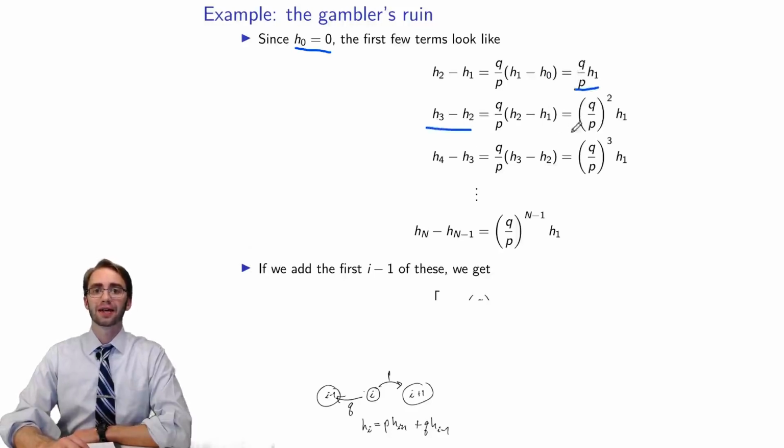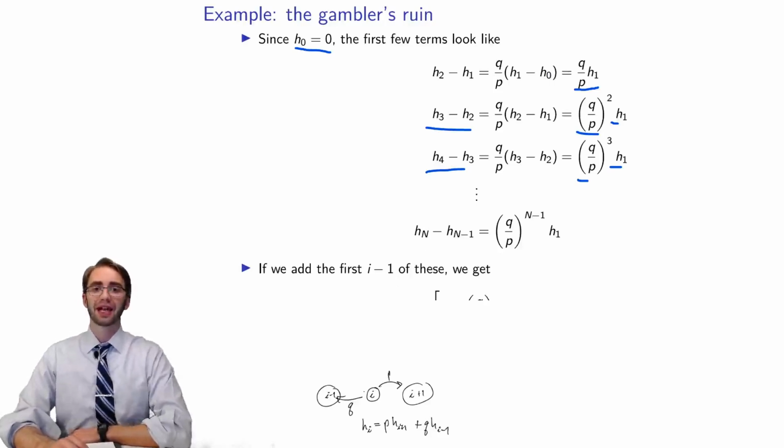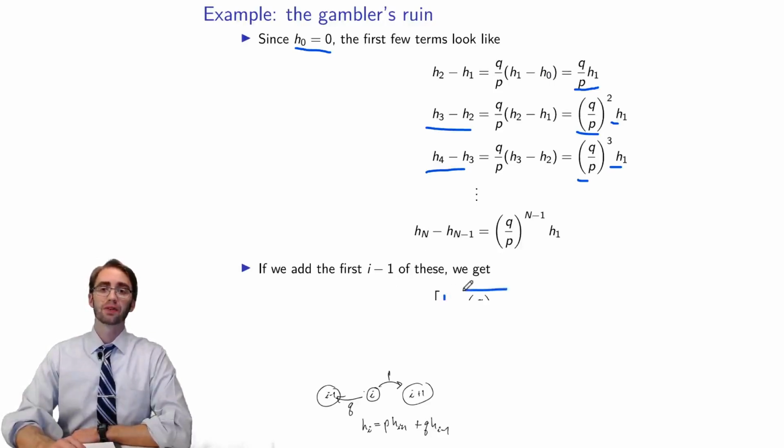H3 minus H2 is Q on P squared times H1. H4 minus H3 is Q on P cubed times H1, and so on and so forth. And so if I add the first I minus 1 of these together, I get H I is equal to H1 times the sum of all these powers of Q on P.